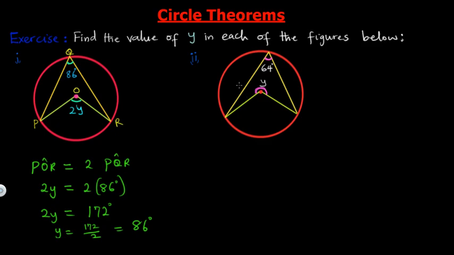Let's look at the second problem. The second problem here is that we are interested in finding the value of y using the same knowledge that we have earlier acquired.